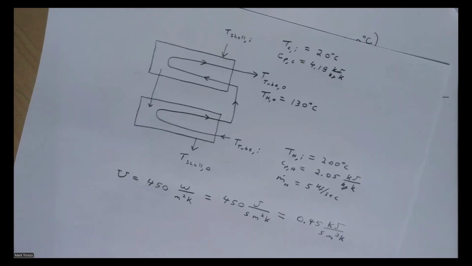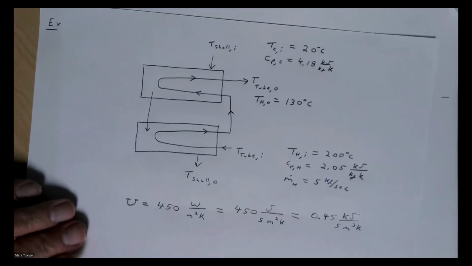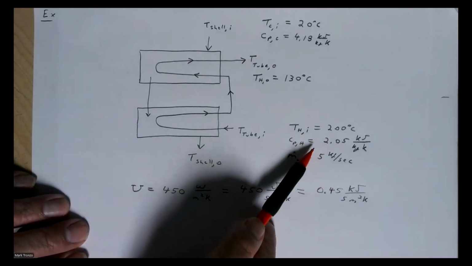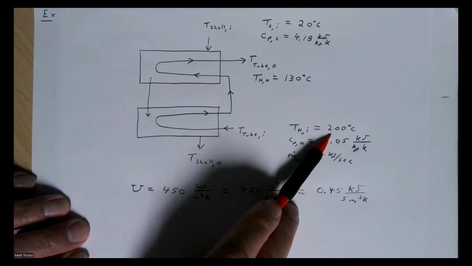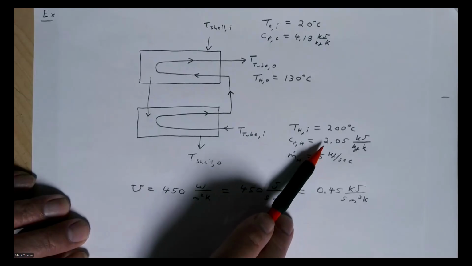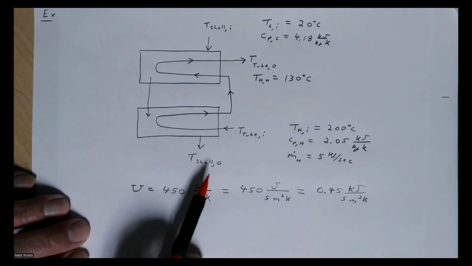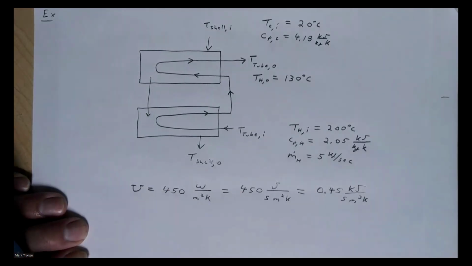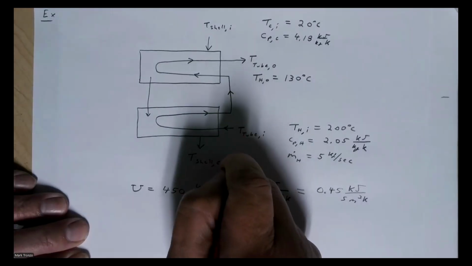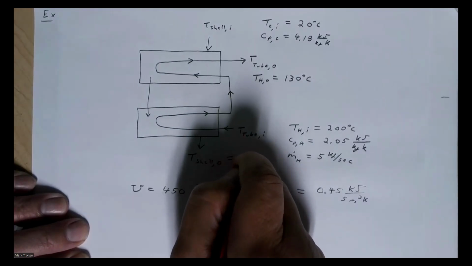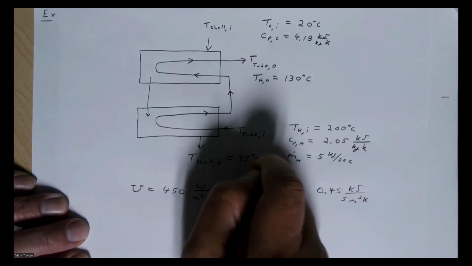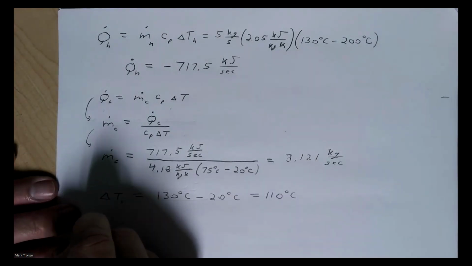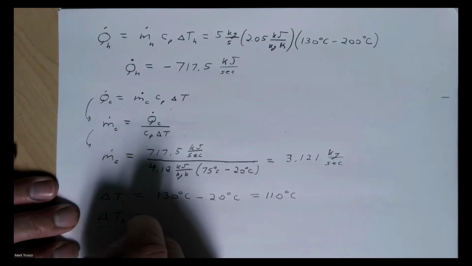And then do the same thing down here. We have 20 degrees C, excuse me, 200 degrees C here. And at the shell outlet, I didn't write it down, but that was 75 degrees C. And so we'll call that delta T2.